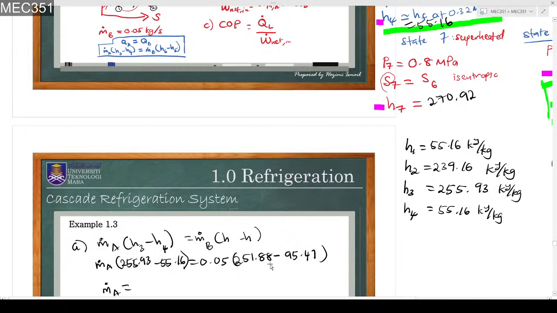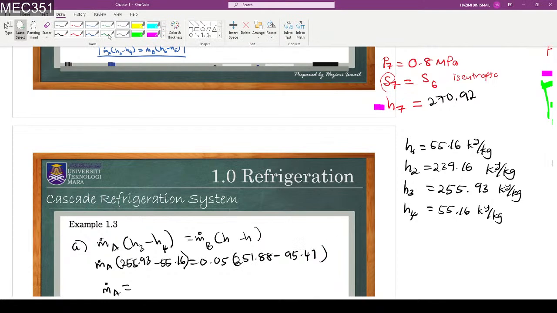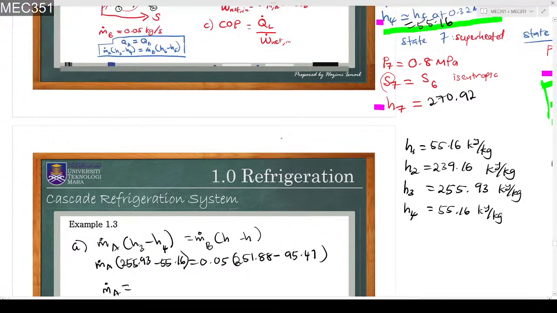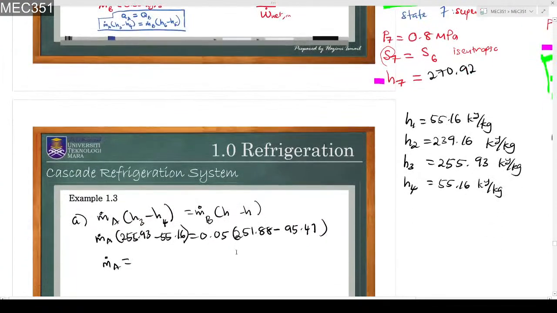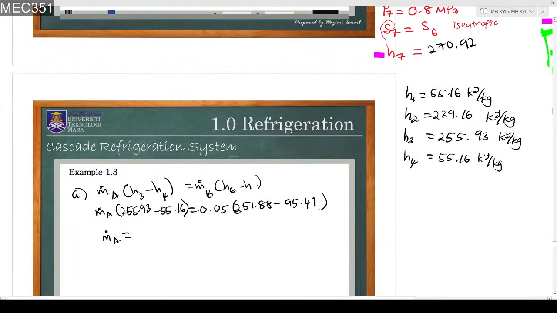Okay, 251. Okay, 47. Divide by 255.93 minus 55.16.